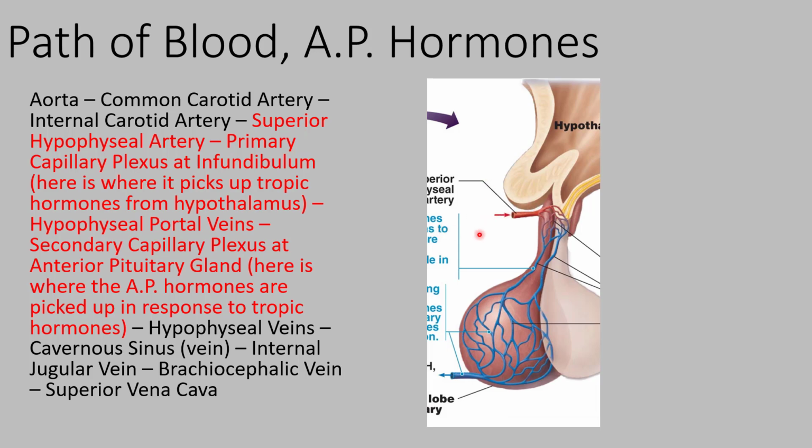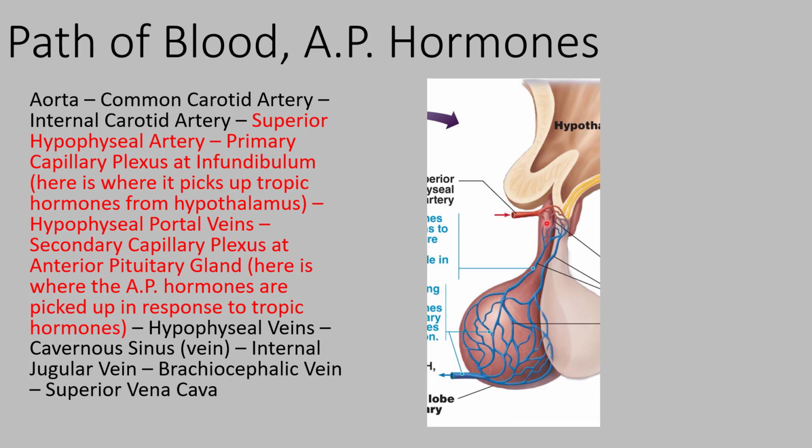That's what we see right here. Then we're going to pick up those hormones from the hypothalamus at this capillary bed here. This is called the primary capillary plexus.